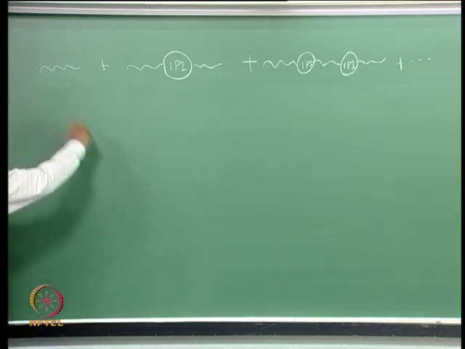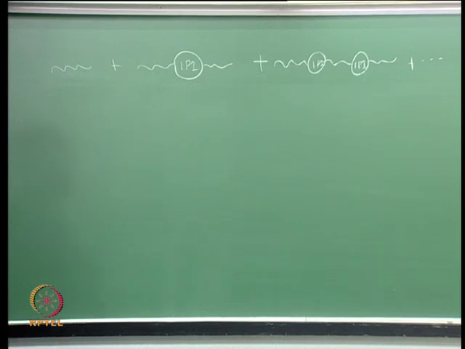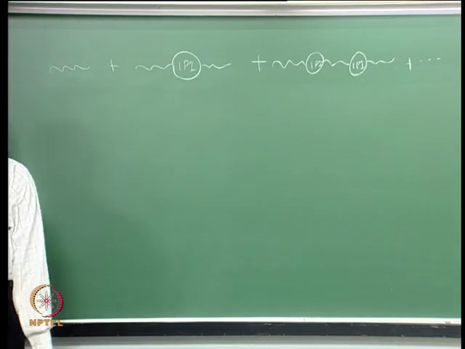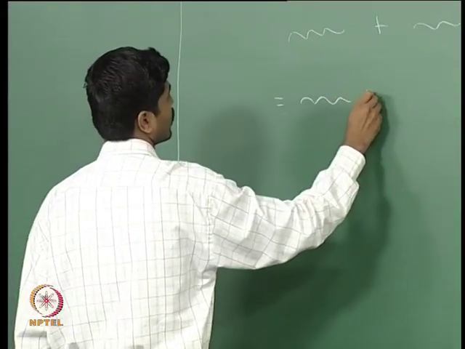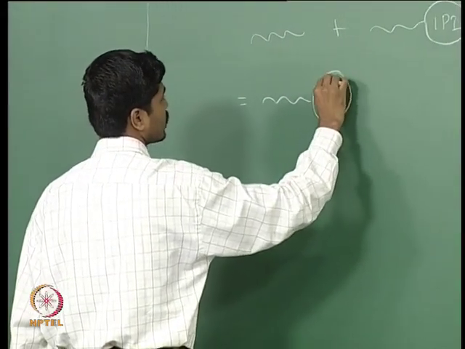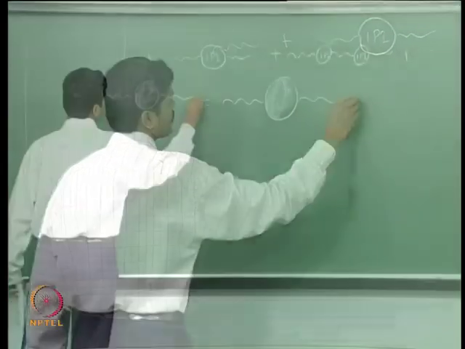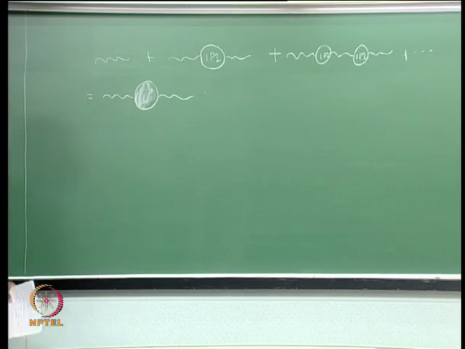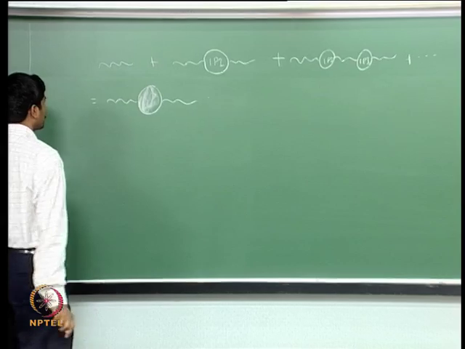So, this is what is going to give us the full photon propagator, and I will denote this by this symbol. So, we would like to know what this quantity here is.